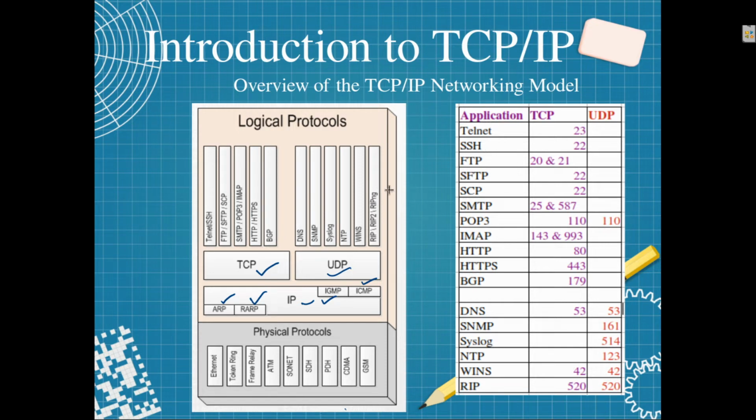So quickly, if you see Telnet and SSH, tell me what are the port numbers? 23 and 22. SSH uses 22 and Telnet uses 23, both over TCP. And what about FTP? FTP uses 20 and 21. SFTP and SCP both use the SSH port only.